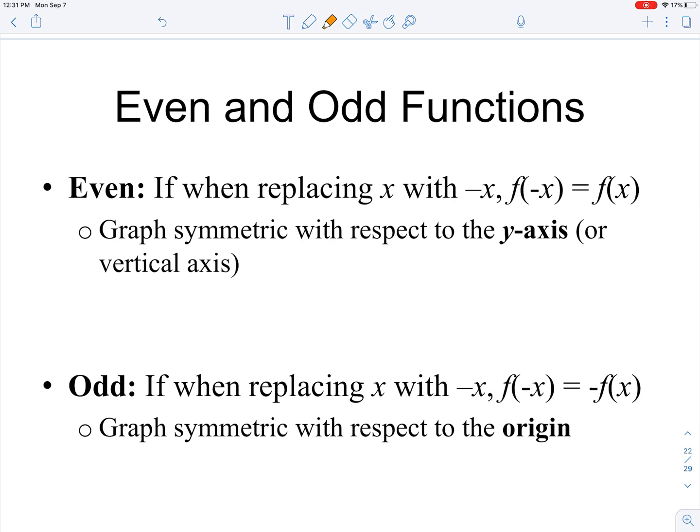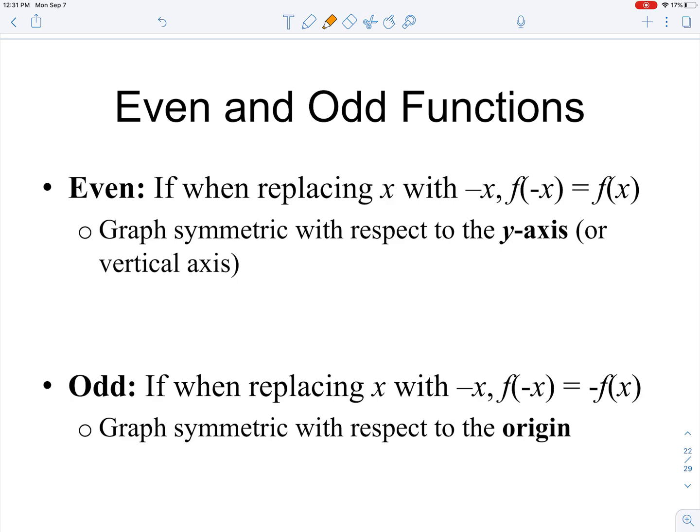Part of this class is learning as many characteristics, or ways to identify characteristics, about functions as possible. And you're going to continue to do more of that in calculus, and you'll learn to identify different characteristics from a calculus perspective.